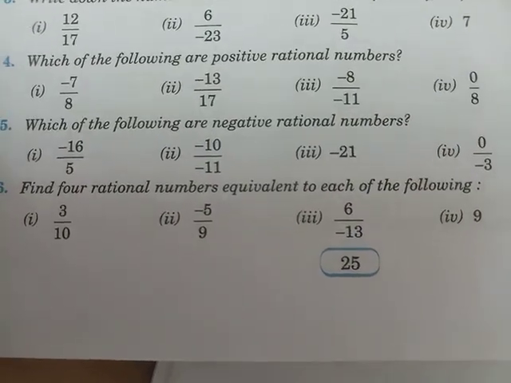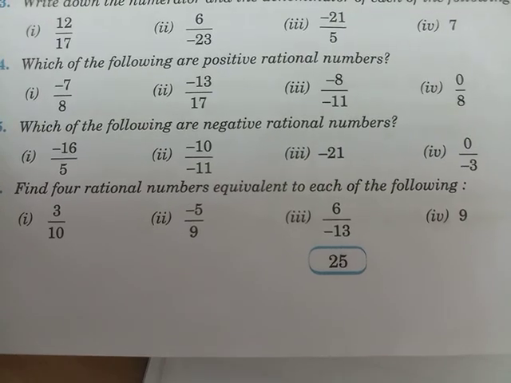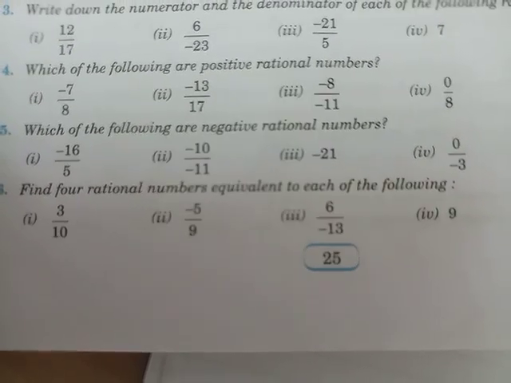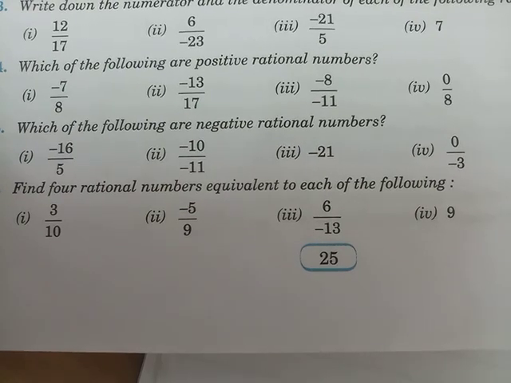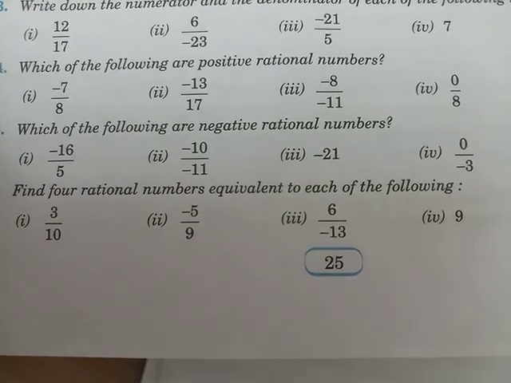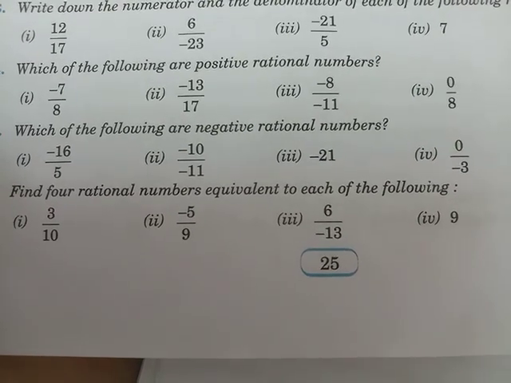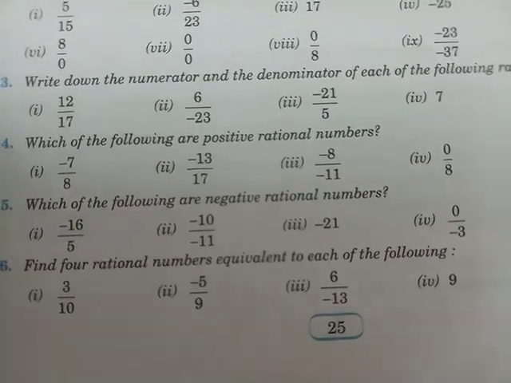Then I come to question number 6. Find 4 rational numbers equivalent to each of the following. So we are writing the equivalent rational numbers to the given rational number. So I discuss question number 6.